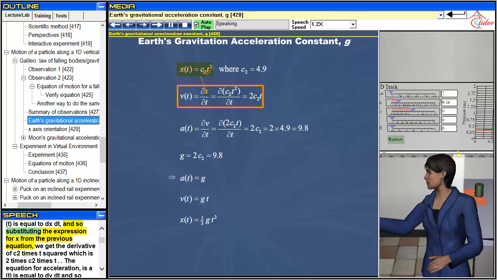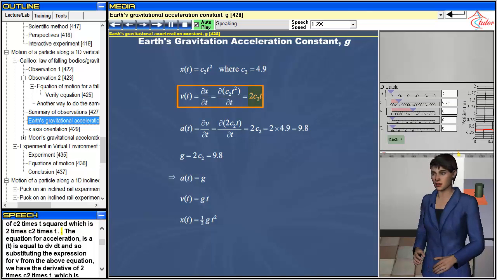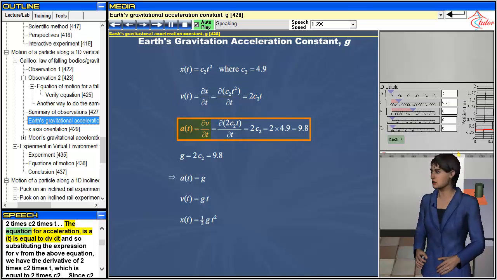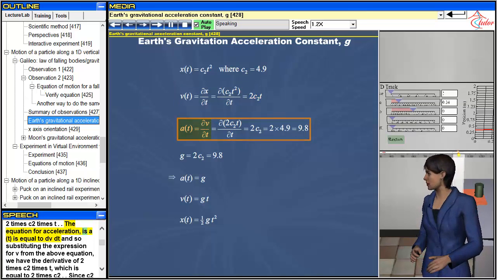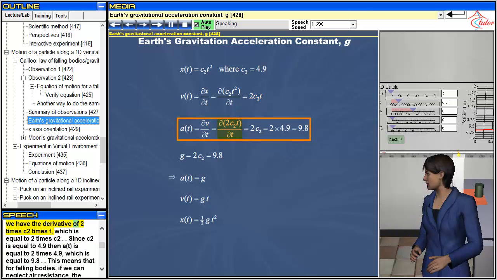And so substituting the expression for x from the previous equation, we get the derivative of c2 times t squared, which is 2 times c2 times t. The equation for acceleration is a of t is equal to dv/dt. And so substituting the expression for v from the above equation, we have the derivative of 2 times c2 times t, which is equal to 2 times c2.